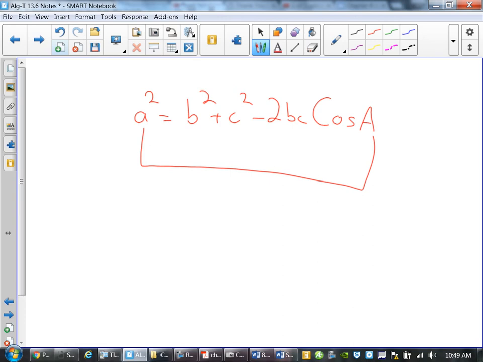The other part is when you're working with the side-side-side case. What you want to do is you always want to try to find the largest of the three angles first. Okay?